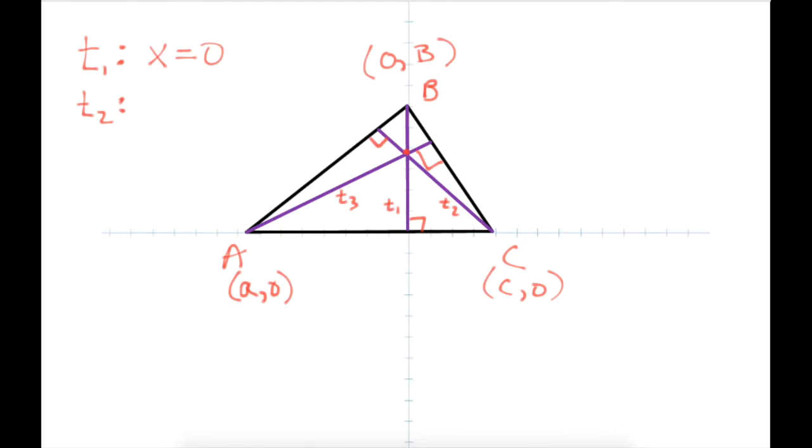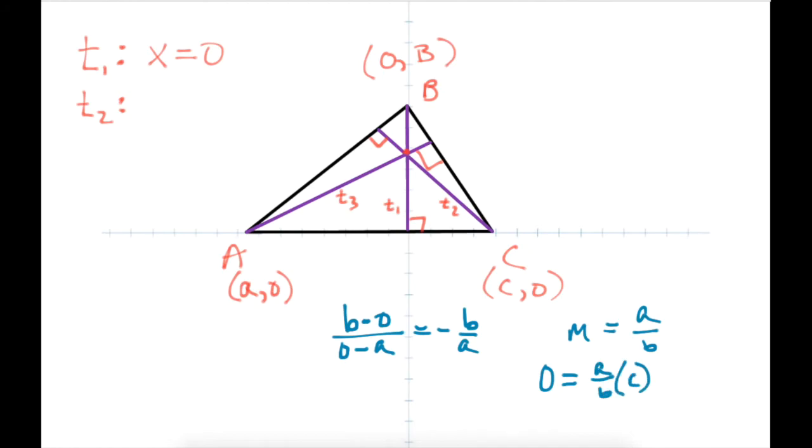And that's what makes this that much easier with the way we constructed it. So in order to find our equation for T2, we need our slope for AB. Our slope for AB we found by doing B minus 0 over 0 minus A, which gives us negative B over A. So our slope for T2 has got to be positive A over B. So when we plug that with the point into our equation, we get 0 equals A over B times C plus the intercept.